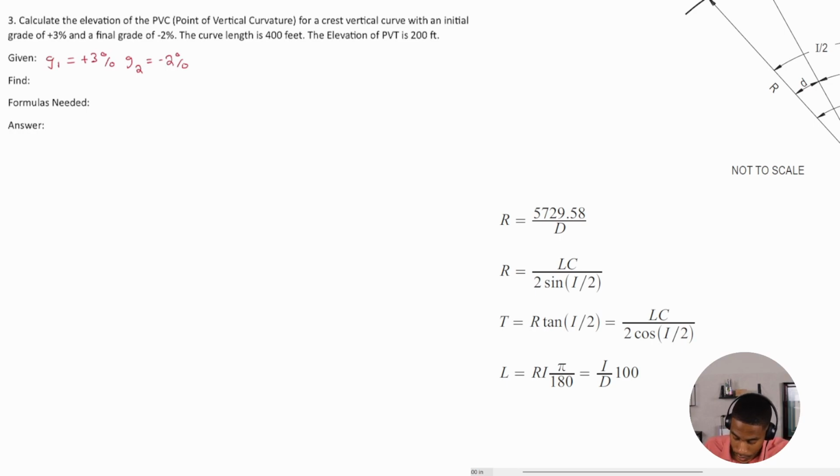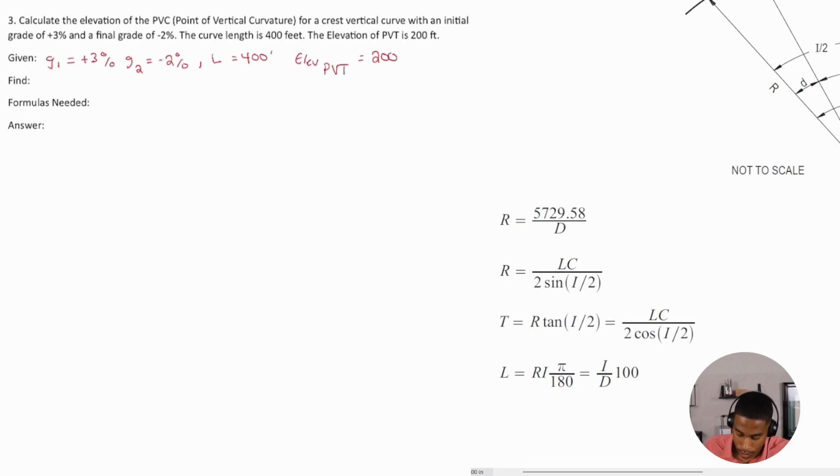All right. The length of the curve is equal to 400 feet. And elevation of PVT is equal to 200.